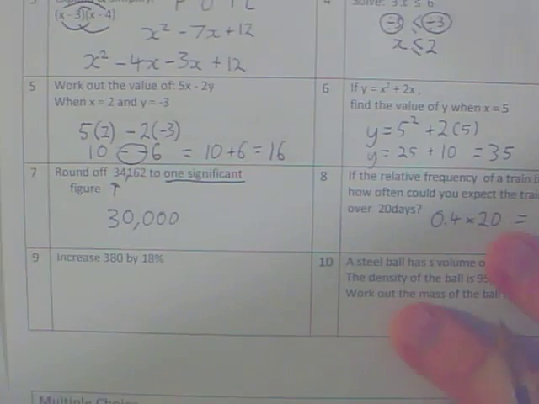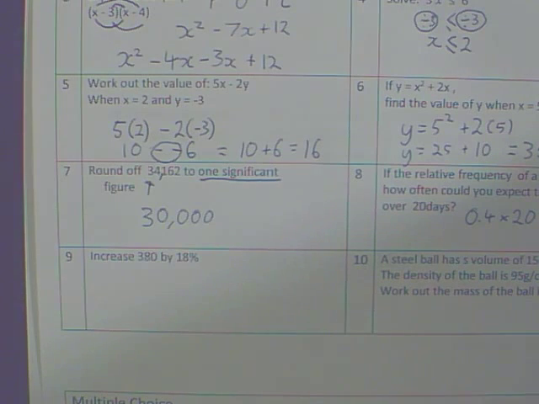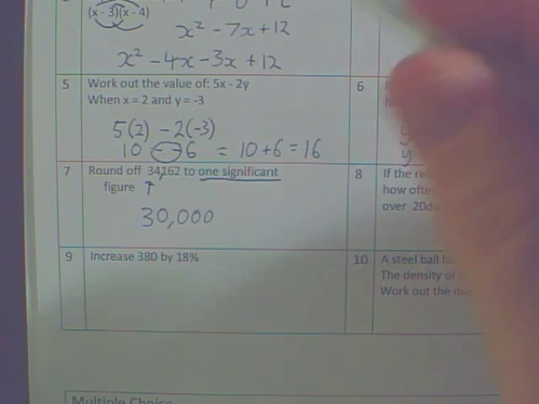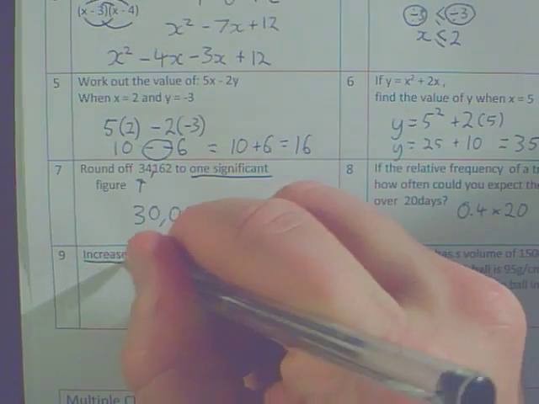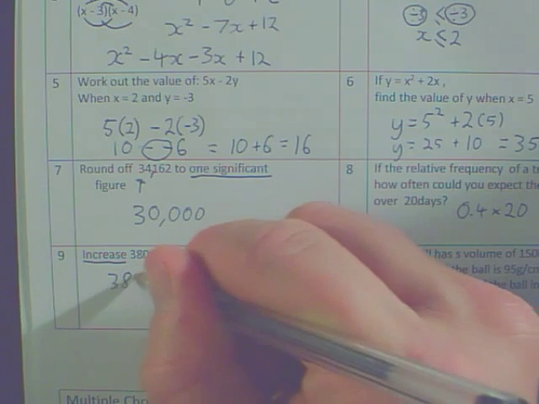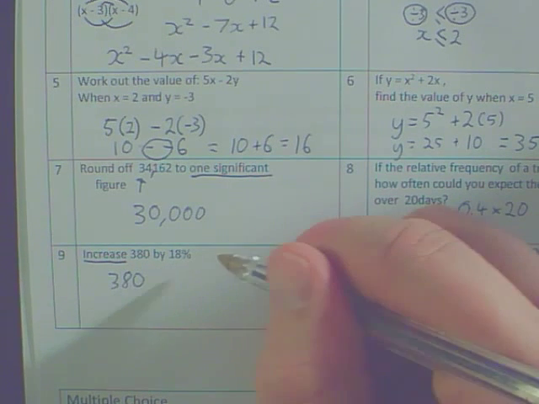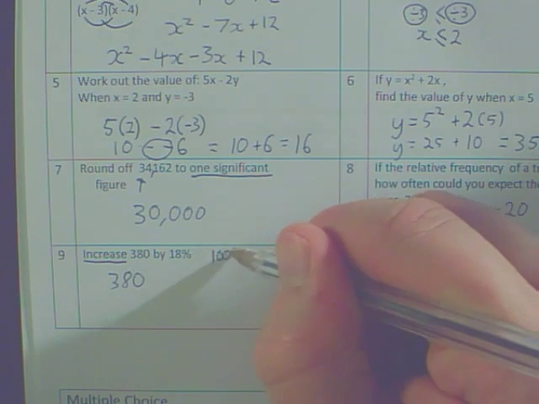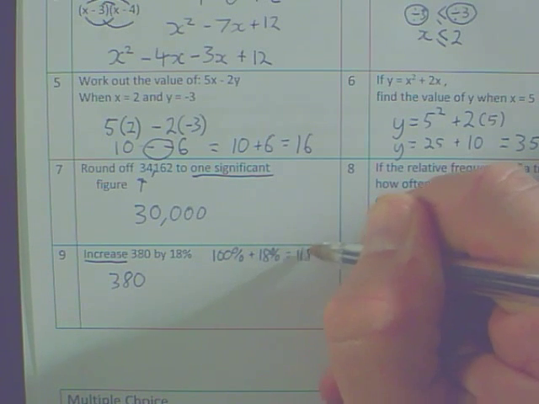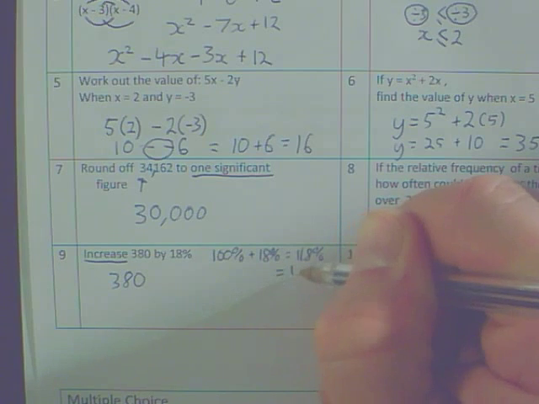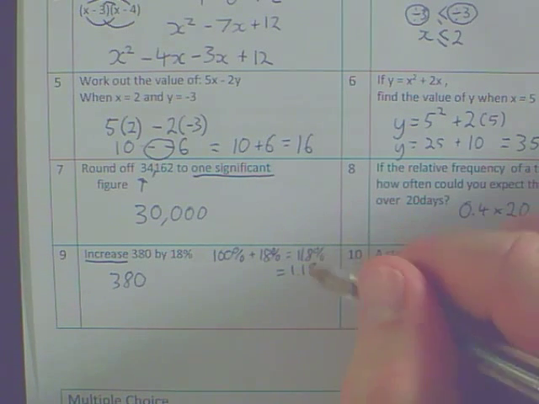Increase 380 by 18%. It's increase this time; we had decrease by 18% before. So I'm going to take 380 and use my multiplier. If it's increased by 18%, I've got 100% plus 18% equals 118%, which equals 1.18 as a decimal.